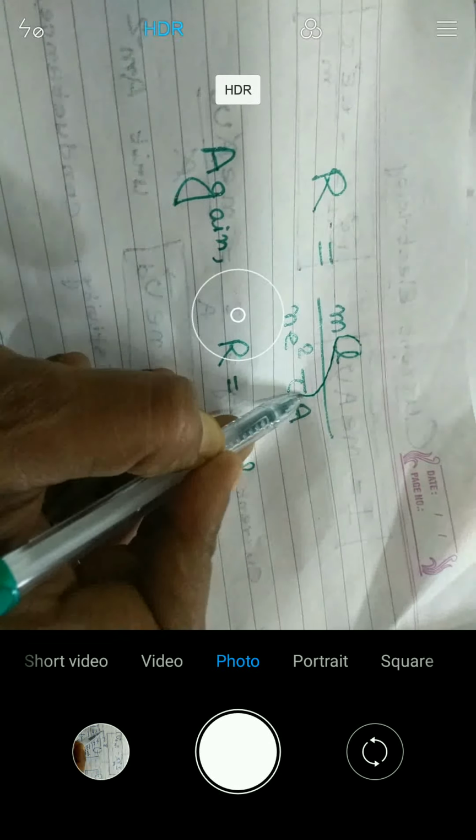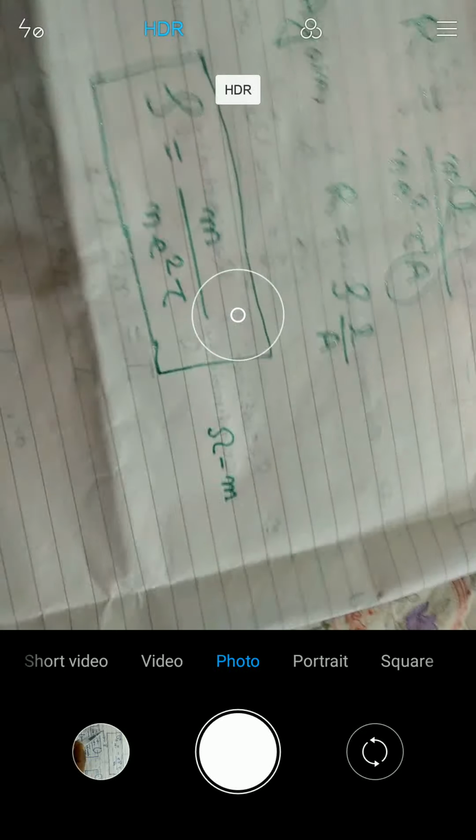You may say this is the formula for the resistivity of the material of the wire. As you all know, the SI unit of resistivity is ohm meter.